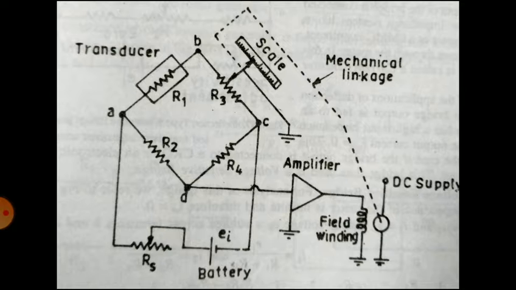The bridge is balanced by varying the value of resistor R2. Thus, if three resistances are known, then the fourth may be determined from the equation: R1 is equal to R2 into R3 upon R4.